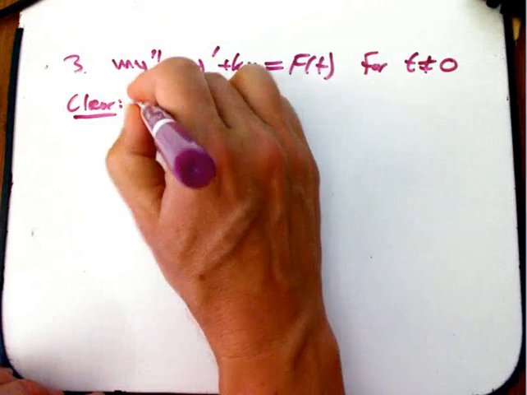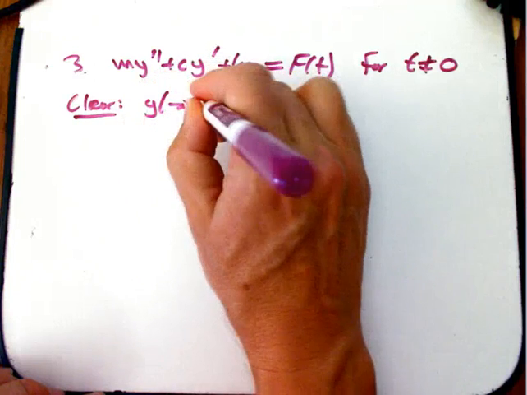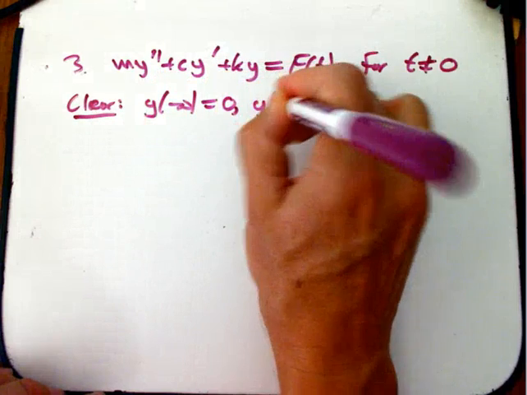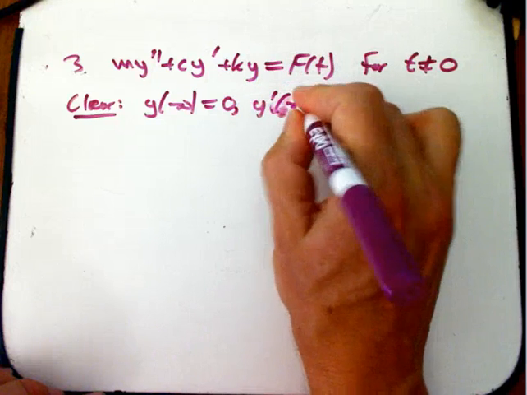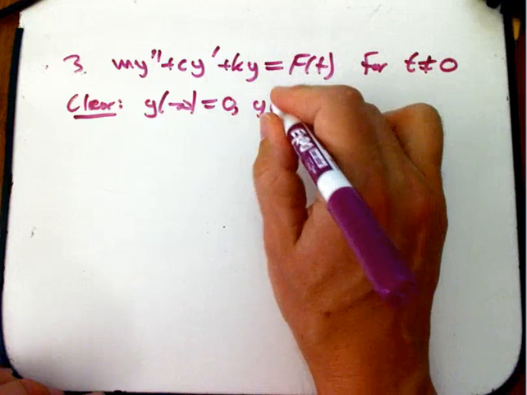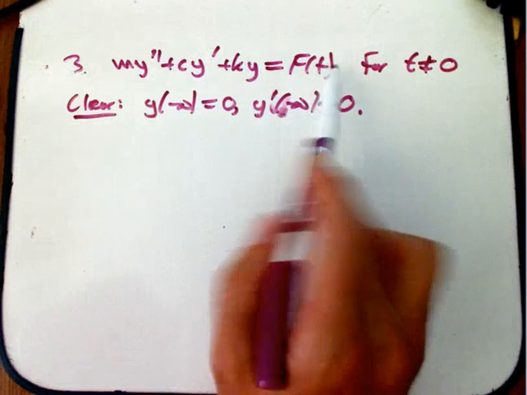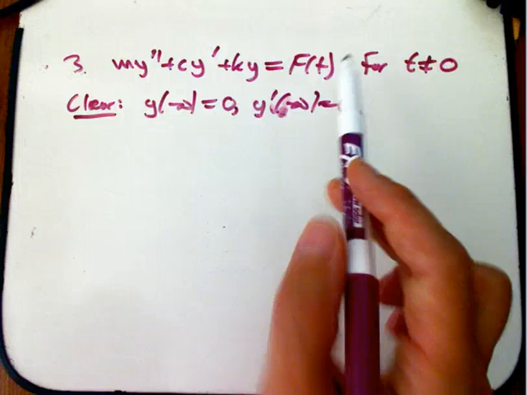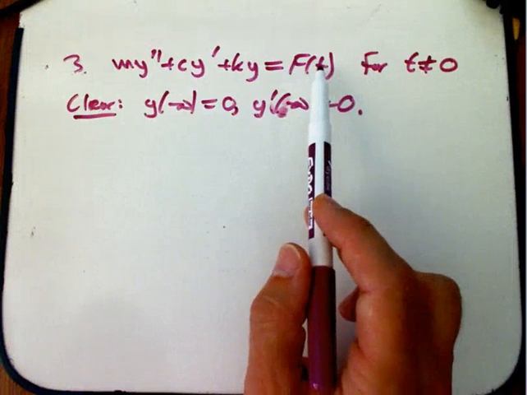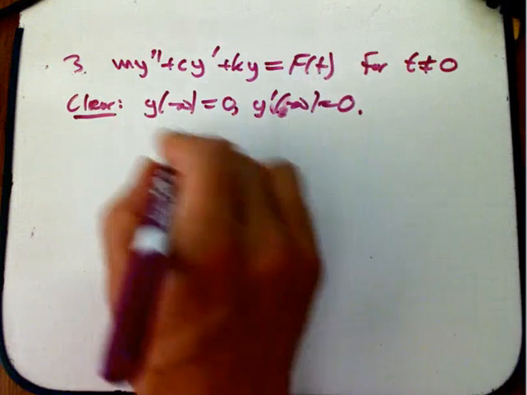First of all, it should be clear that this alternate way of saying what was happening in the past is definitely satisfied. A solution to this is where the forcing was not happening before t equals 0, and the position and the velocity coming into t equals 0 are 0, it's always been 0.